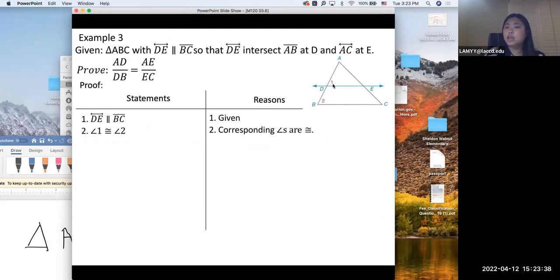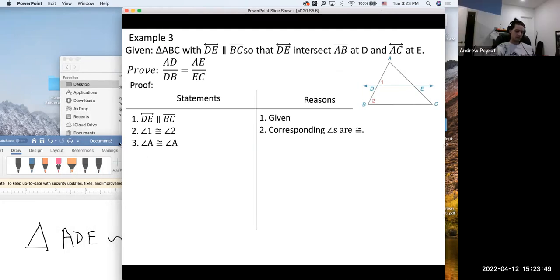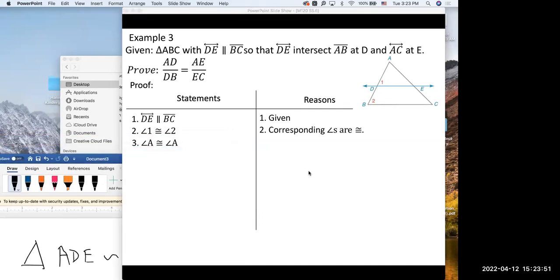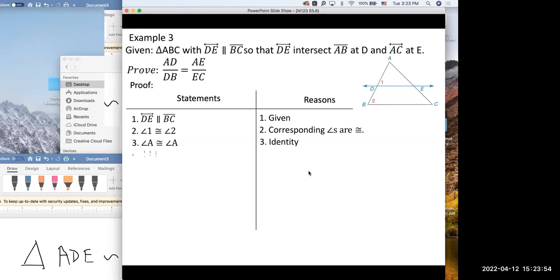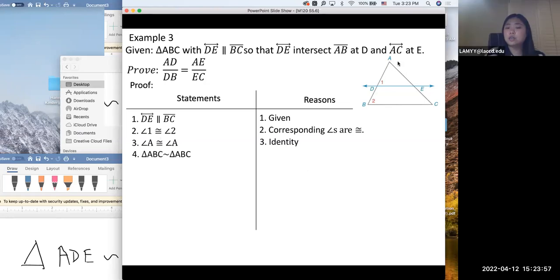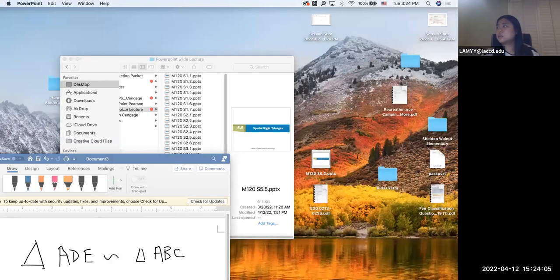So we already proved the angles are congruent. Angle 1 is congruent to angle 2. And then how about angle A congruent to angle A? What is the reason? Identity. So we have two angles congruent. So we could say triangle ABC is similar to triangle ADE, that was a typo.